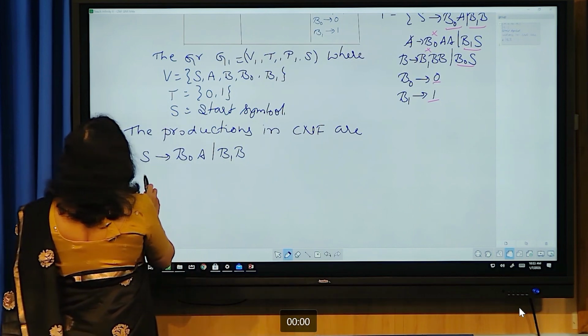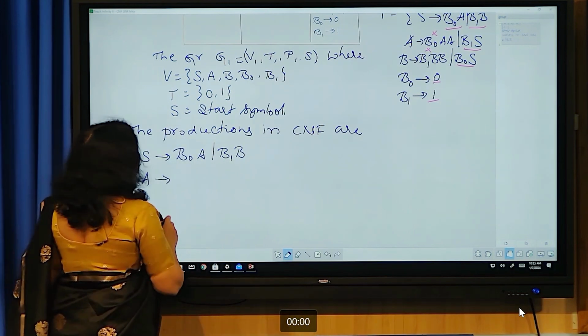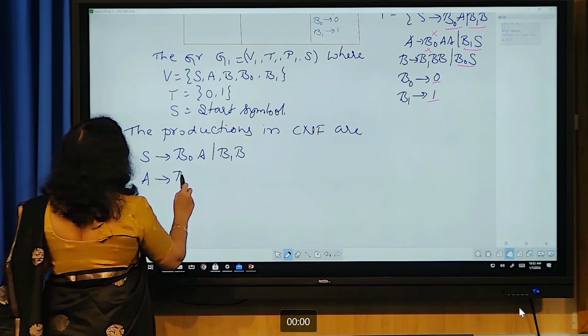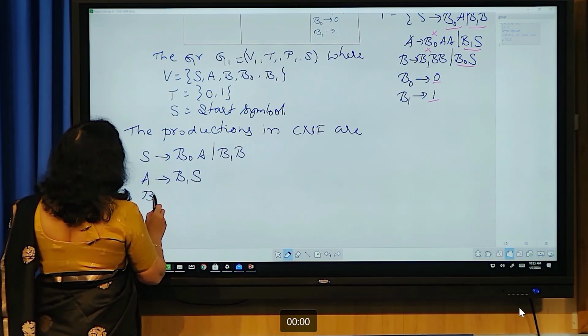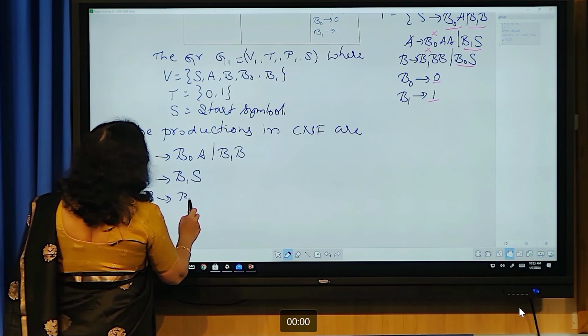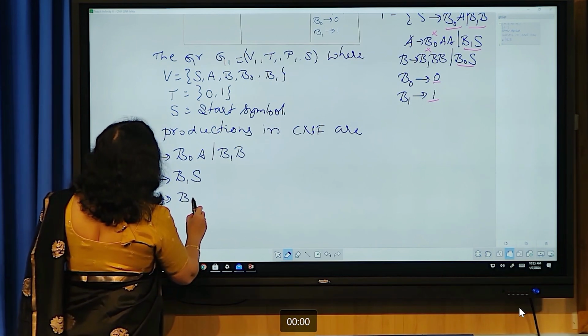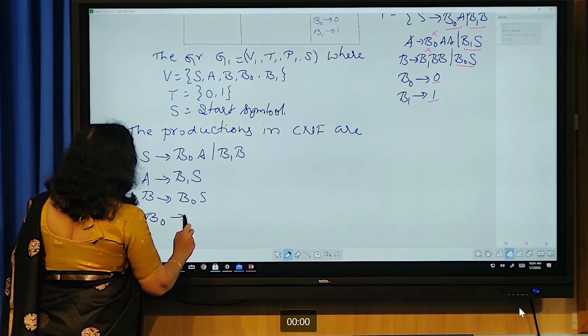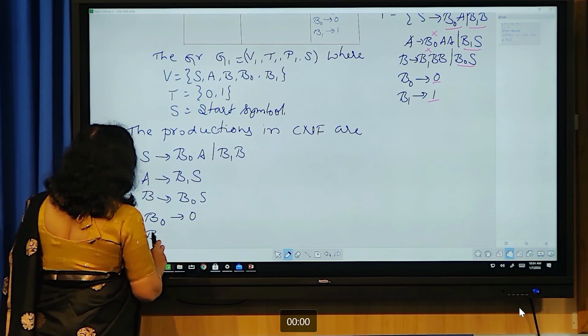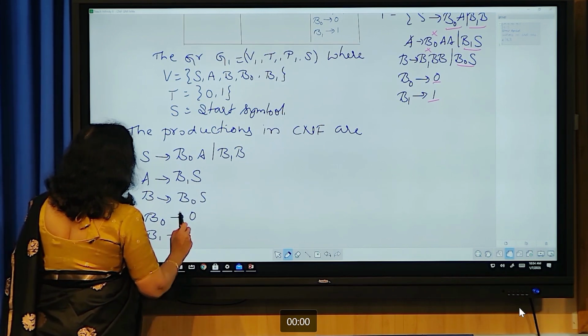The productions in CNF are S produces B0 A or B1 B. A produces B1 S. B produces B0 S. B0 produces 0. B1 produces 1.